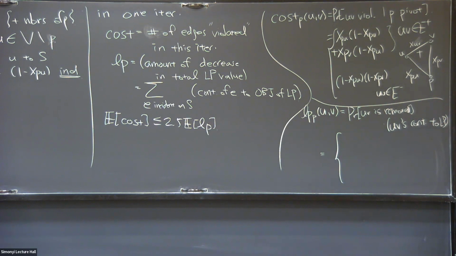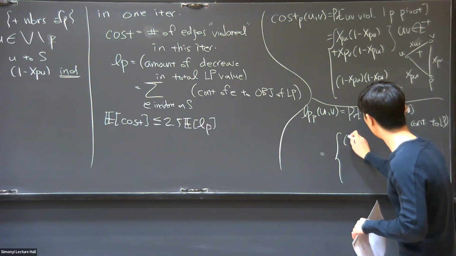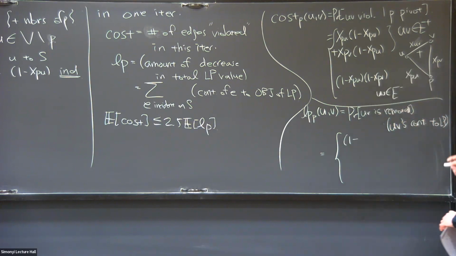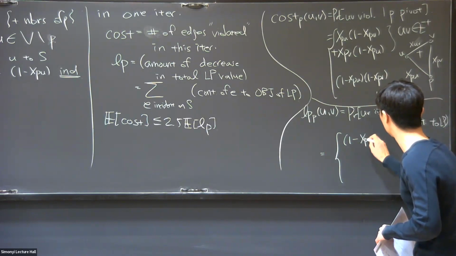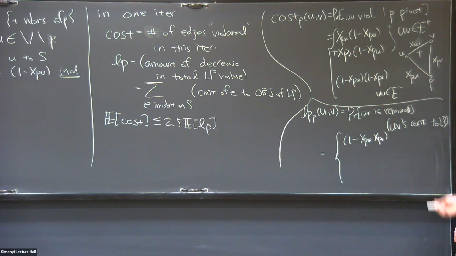UV will be removed from the current instance if U or V or both go with P. So the probability that UV is removed is 1 minus the probability that both are not there, which is 1 minus (1 minus XPU) times (1 minus XPV). That's common whether UV is a plus or minus edge.